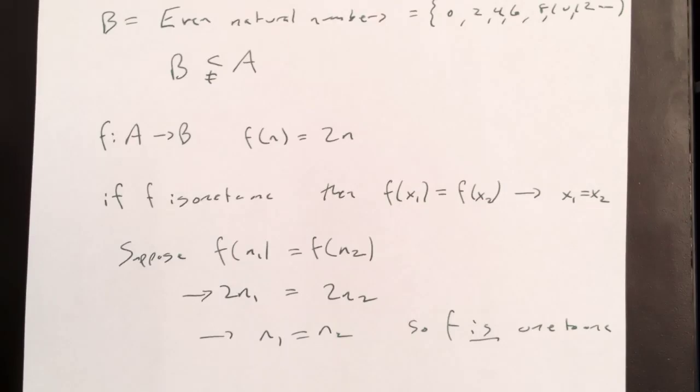That's only half the battle. What's the other part? Not just one-to-one, it's also onto. How do I know if a function is onto?